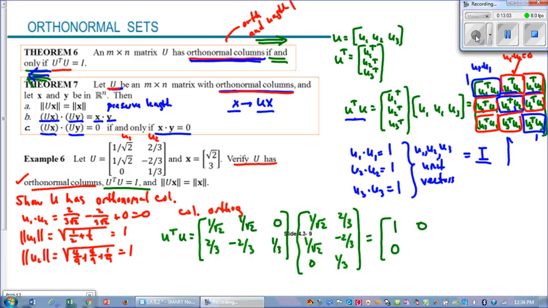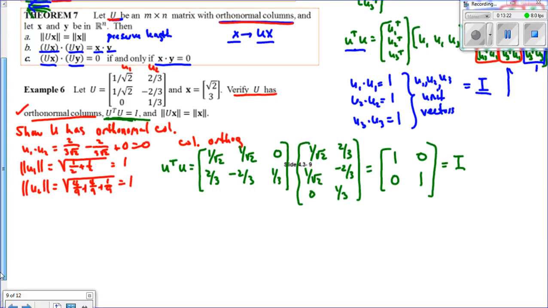And then row 2, column 2, 4/9 plus 4/9 plus 1/9 is 1. So we did show that U transpose times U is equal to the identity. And now we just need to show that UX magnitude is the same as X's magnitude. So let's first find UX.